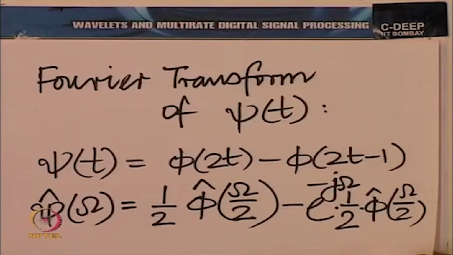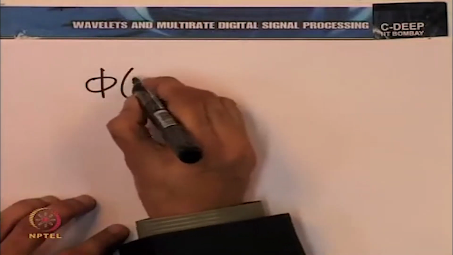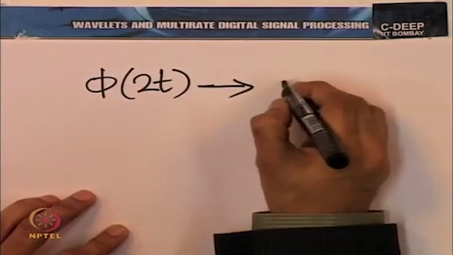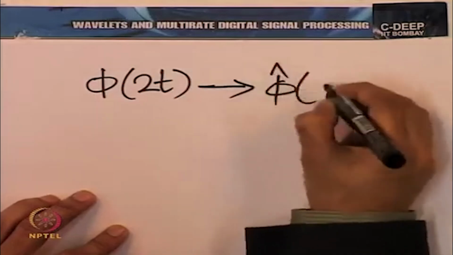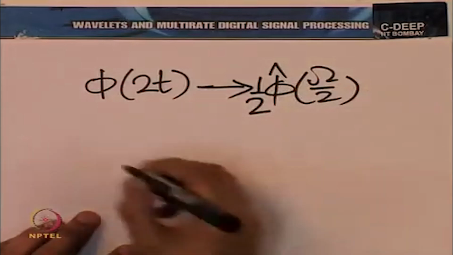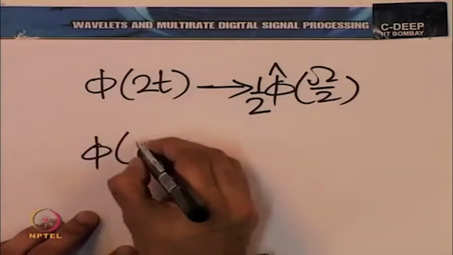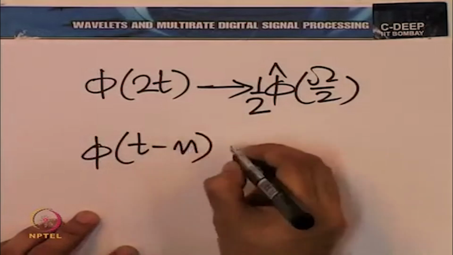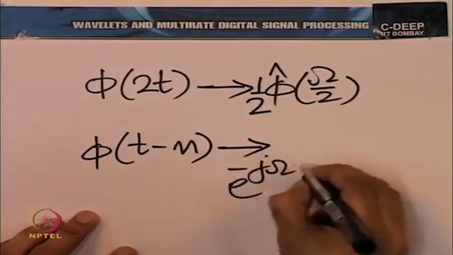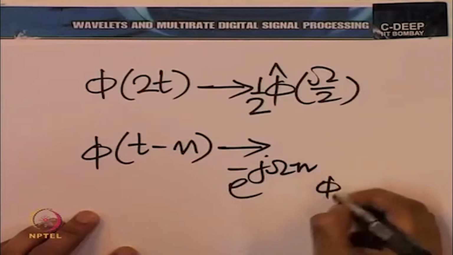So, I think it would be better to come to this a little more systematically. Phi 2 t would have the Fourier transform phi cap omega by 2 multiplied by half. Now, phi of t minus n would in general have the Fourier transform e raised to the power minus j omega n times phi cap omega.